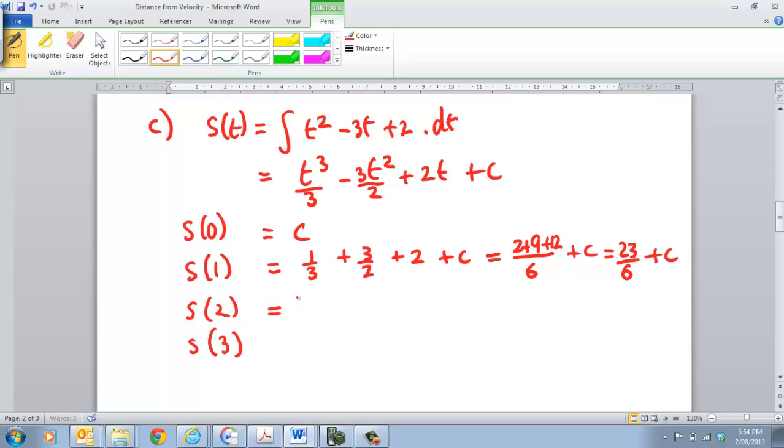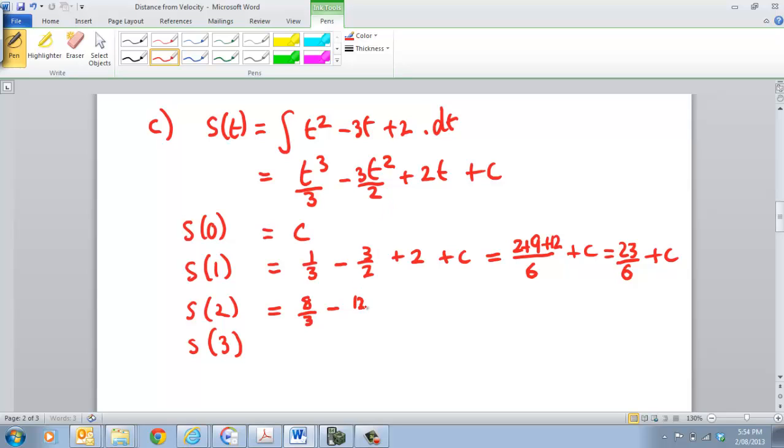Right, now when we're looking at 2, putting 2 in there, that's going to become 8 on 3. 2 squared is going to be 4, so that's going to be, oh, sorry, I made a mistake here, guys. So that should be take. So if we go back and change this, that's going to be take. Yeah, easy to make a mistake.